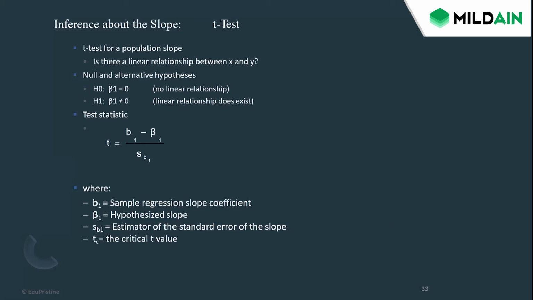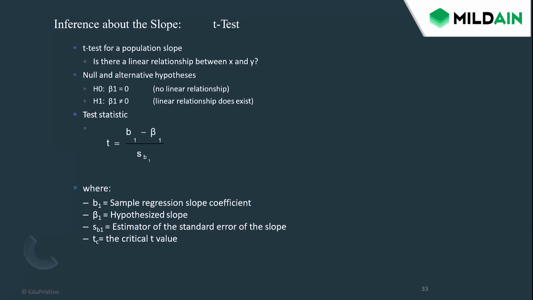So before getting into that, we check the coefficient values. Here you have a null hypothesis and an alternate hypothesis. When beta is equal to 0, there is no linear relationship between my dependent and independent variables. When beta is not equal to 0, there is a relationship, and we have to check whether it is positive or negative.